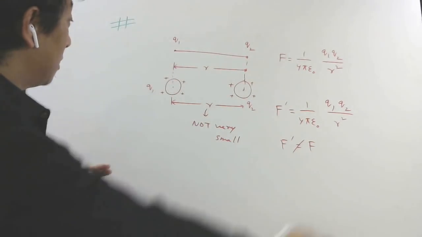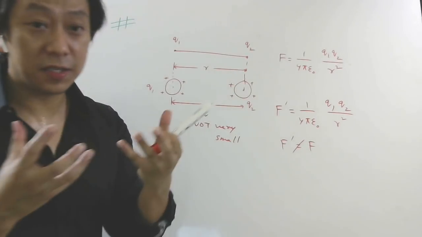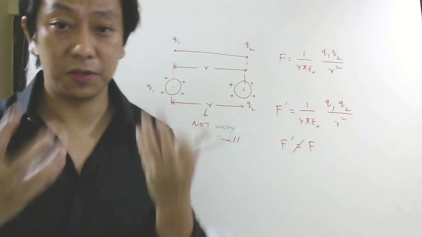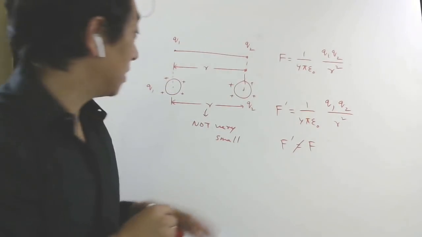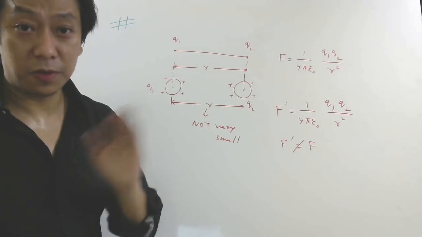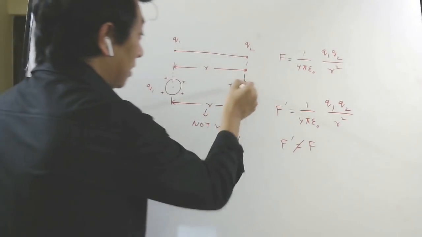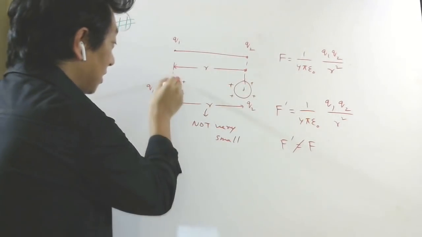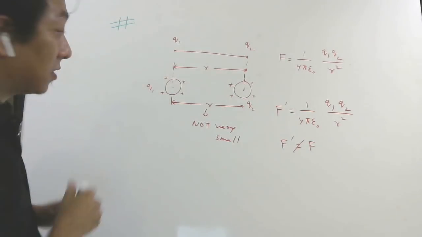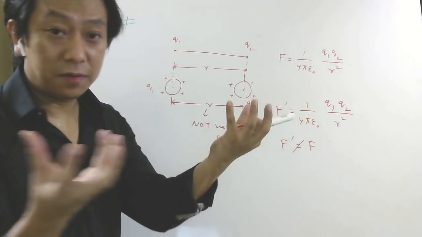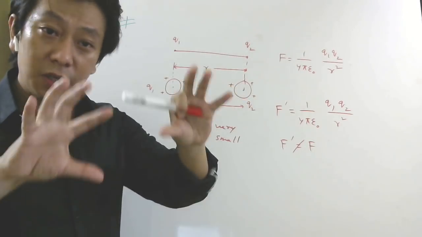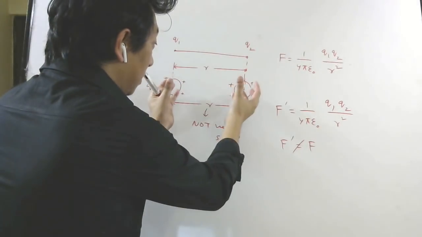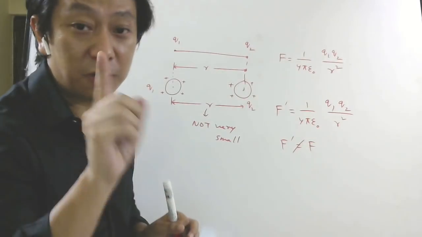Why? Because see, masses come in only one flavor, positive. But charges come in two flavors, positive and negative. So this body has positive and negative charge, and this body has positive and negative charge. When they are far, you may have put charges q1 and q2 uniformly, but the moment you bring them at a near distance, what will happen?